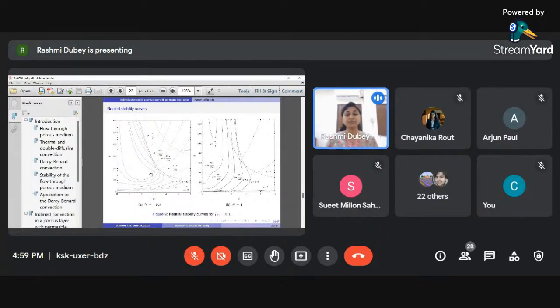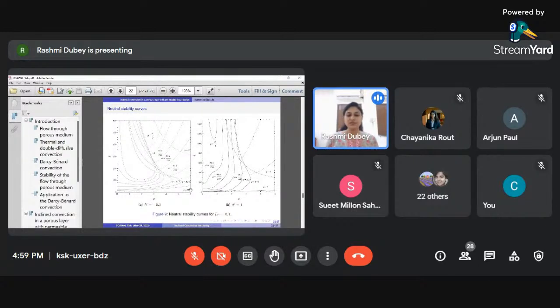The higher the stability curve, the more stable the system, because the stability region will be larger compared to the other curves lying below it. So this one is the most stable, which corresponds to the layer which is exactly vertical, with angle pi by 2. And phi equal to 0 corresponds to the horizontal layer.